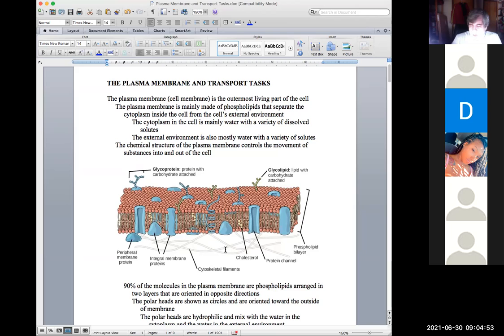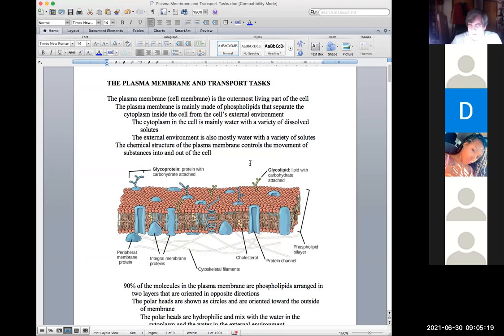So there's a lot of water down here. Up on top of this plasma membrane drawing, this is where the external environment of the cell is, wherever the cell is living. And cells live in different environments, but cells are almost always found in environments that have some water in them. So there's also water up here.